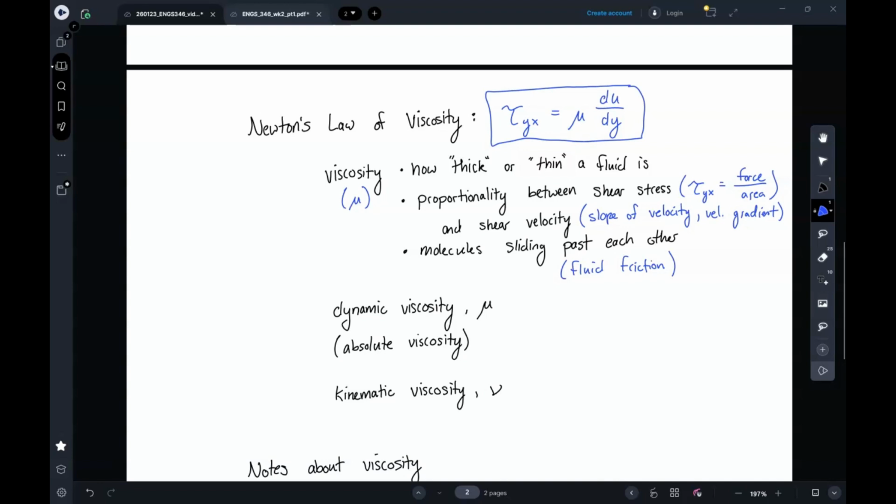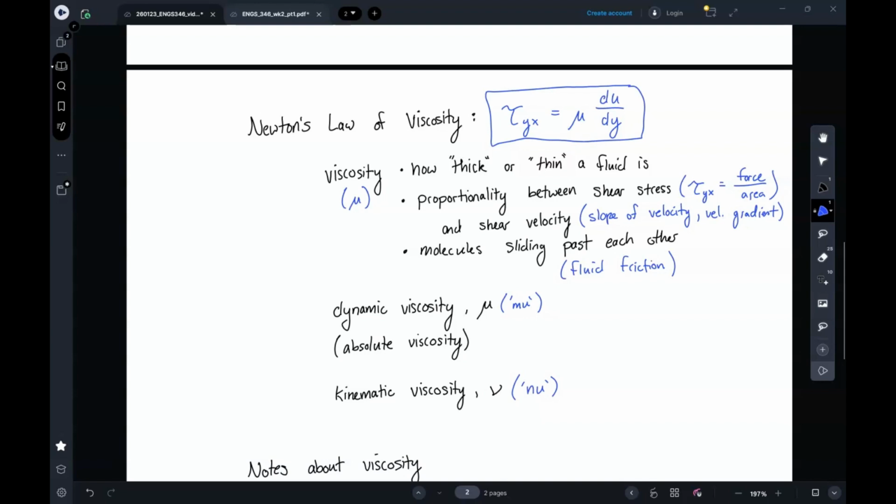So we have dynamic viscosity, which is mu, and we have kinematic viscosity, which is the Greek letter nu. Tons of fun, very close to the same, at least in pronunciation. Dynamic and kinematic both maybe sound kind of the same, but these are two separate and different quantities.